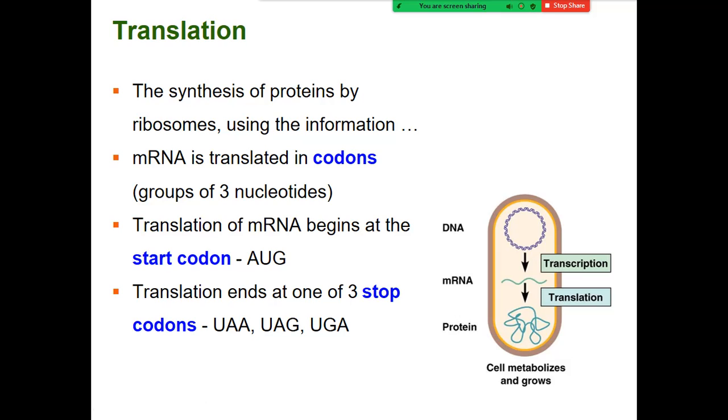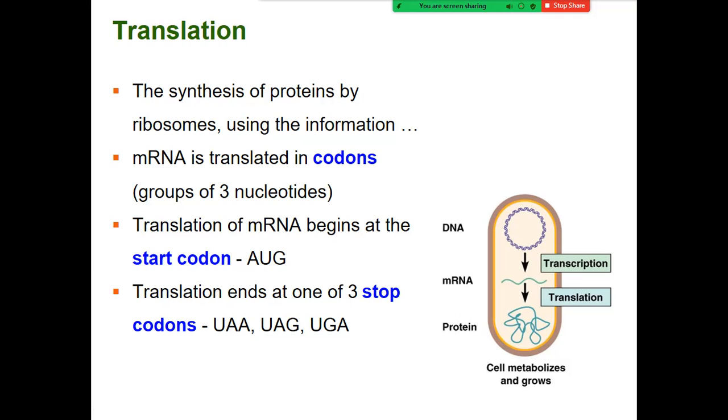Messenger RNA is read in groups of 3 nucleotides that we call a codon. So one messenger RNA nucleotide is not read on its own, they're read as groups of 3.